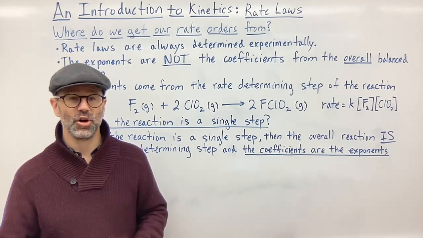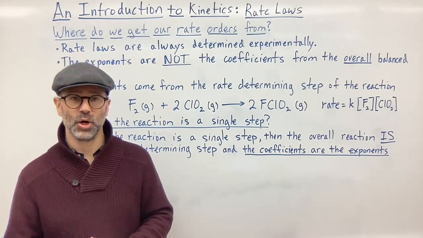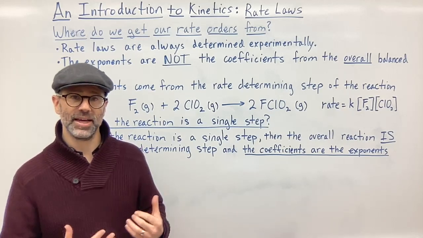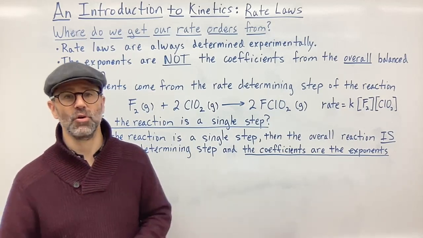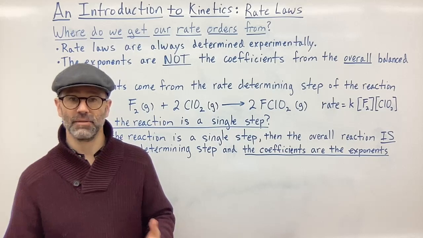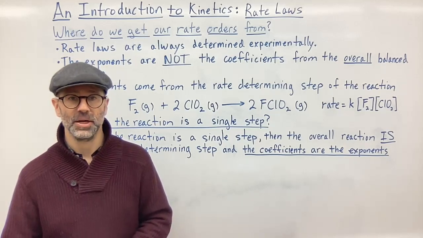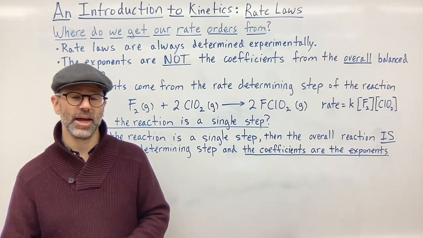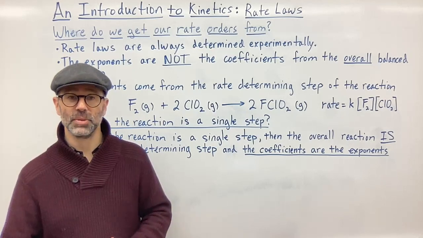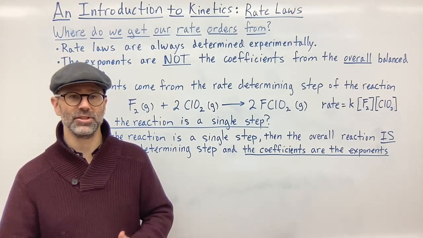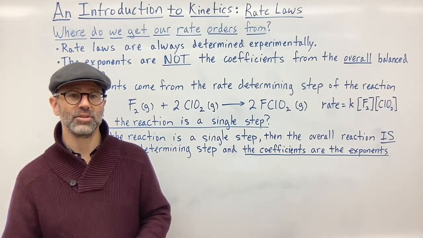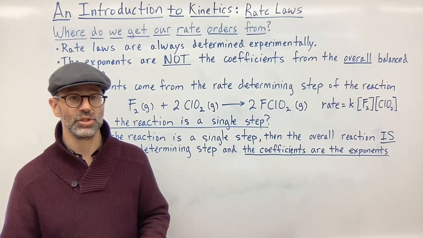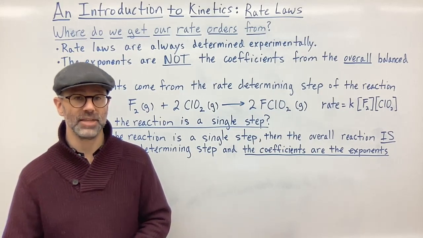So you're only as fast as your slowest vehicle, and the speed of traffic is determined by that slowest vehicle. In the same way, your rate determining step determines how fast your overall reaction is going to be. And that's where we get our orders from, the rate determining step.